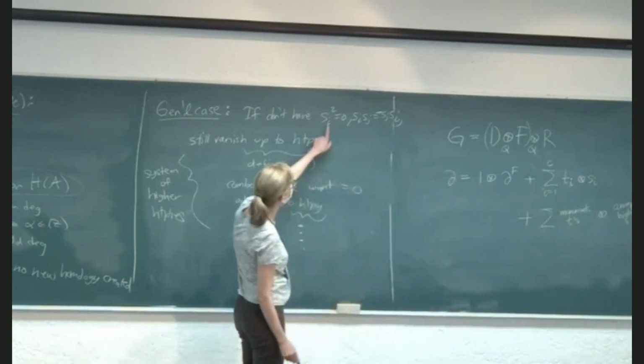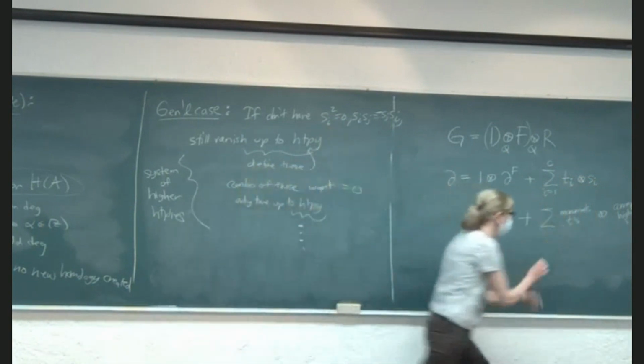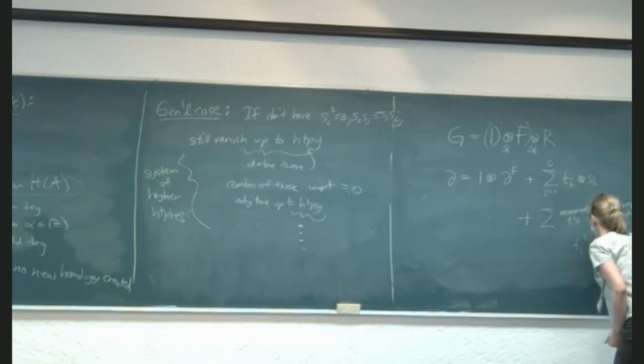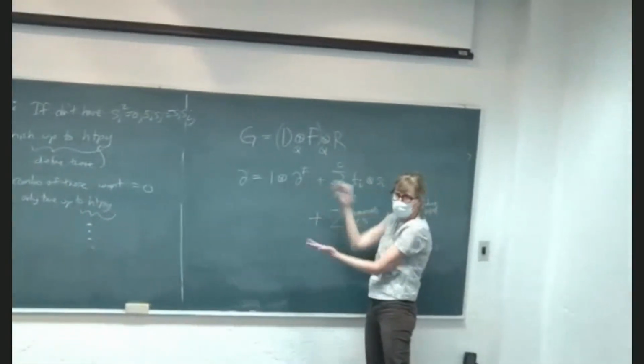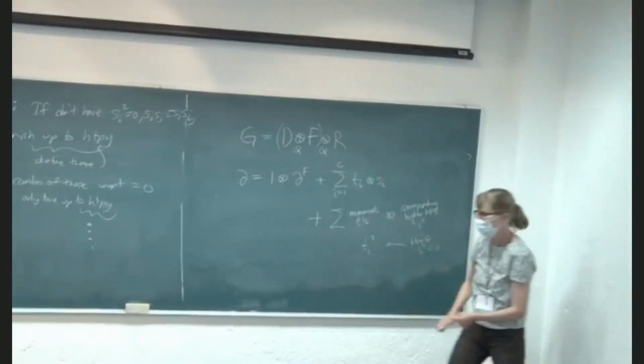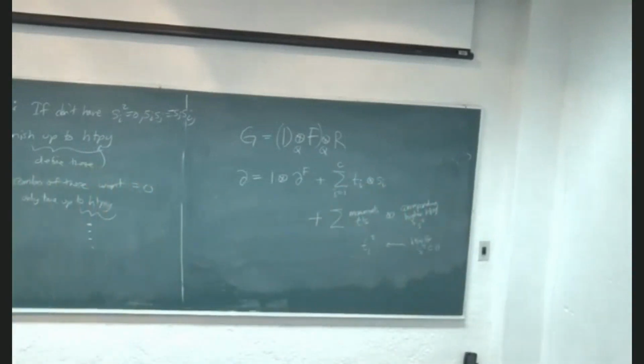So for example, for T_i squared, there's the homotopy for the S_i squared being homotopic to 0. So you do all these monomials, and at the same time the higher homotopies, and that makes a huger differential. So it's the same size thing, but it has a lot more going on inside of it. Okay, but because it's the same size, we get some corollaries from this.